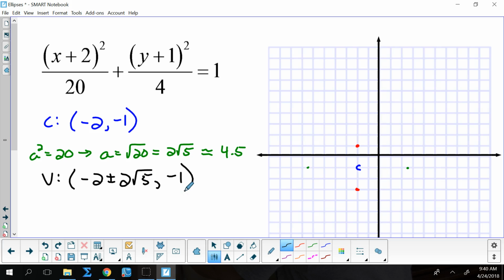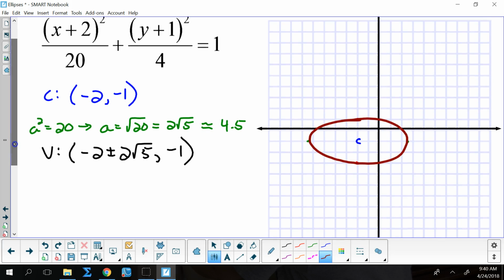Okay? Which are the green dots right there. I can now draw it in. And we'll let it slide. Okay?